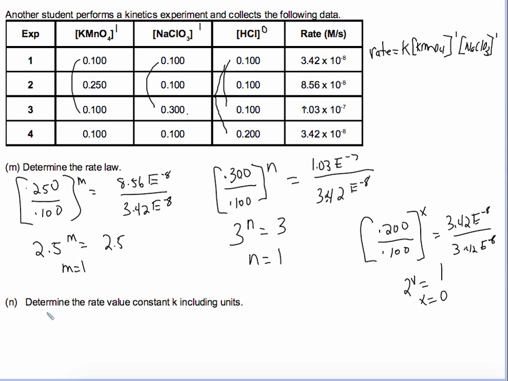So we have our rate law up here. We're just going to plug in a number, so let's just use trial 1. So we got 3.42 e to the negative 8 molarity, and I like to use exponents, seconds to the negative 1 instead of molarity over seconds, is equal to, okay, we got to plug in the concentration.